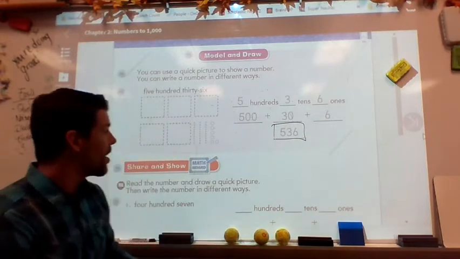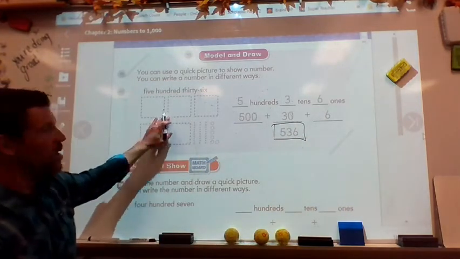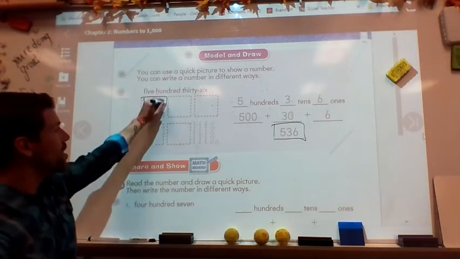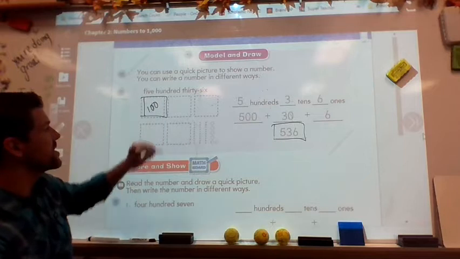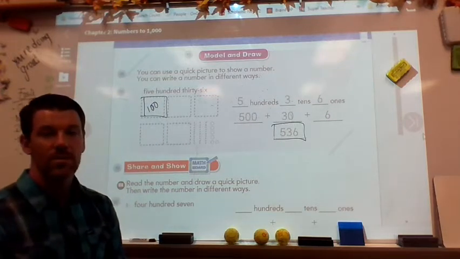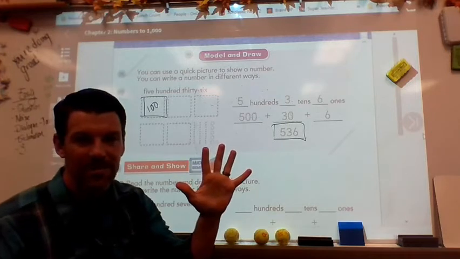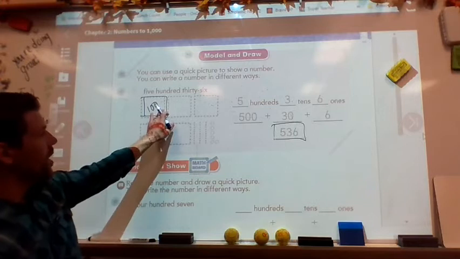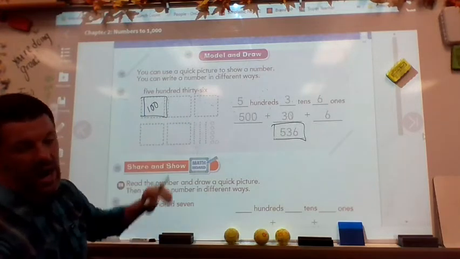And then our quick draw, we use squares for the hundreds. Each one of these is worth 100. So how many of these do we have to draw? If you wrote down 5 or if you thought 5, you are absolutely correct. 1, 2, 3, 4, 5.